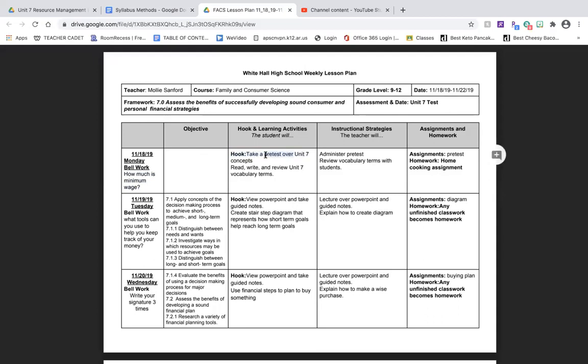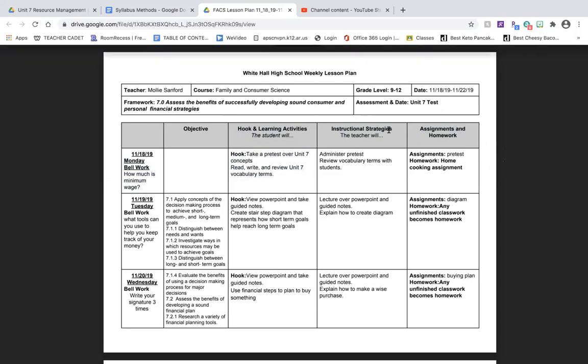A pre-test just gathers information they already know, and they get their results immediately because I use Google Forms, so they can see what they do or do not already know about the topic. And then we cover vocabulary, and this is what the students are doing in this column.